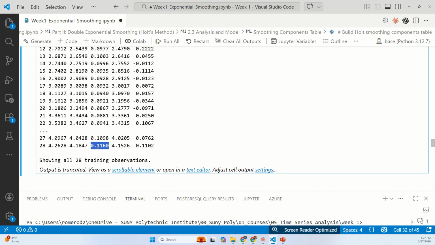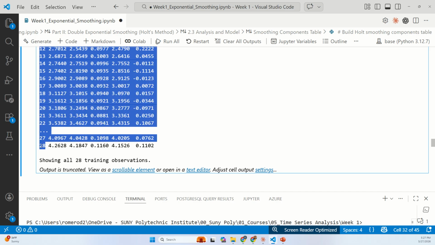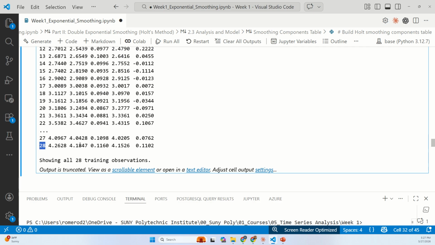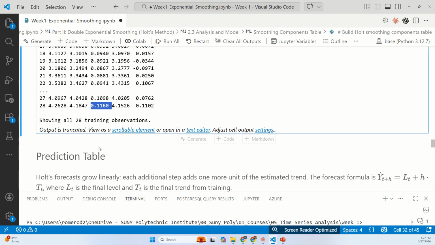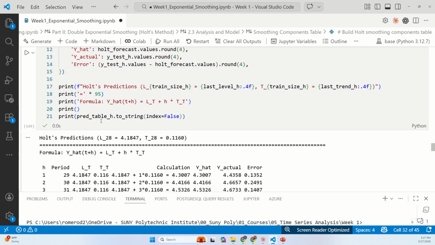But if you want to predict two periods in the future, let's say period 30, that will be the level plus two times the trend. If you have 5 periods in the future, then that will be the level plus 5 times the trend. Keep that in mind because that's really important.